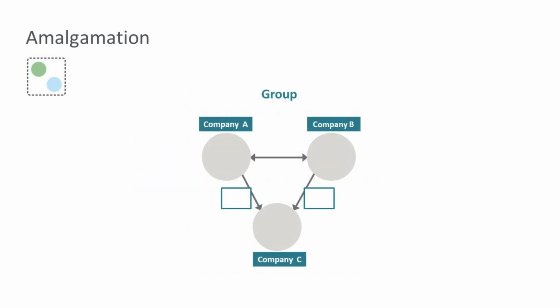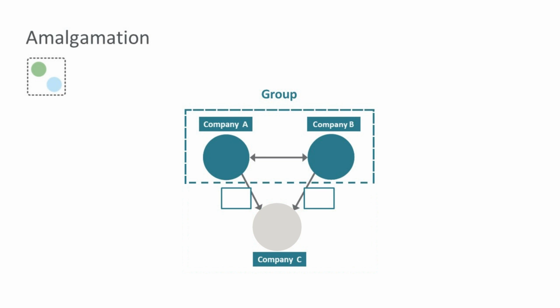The second example is where two or more members of a group together have a controlling interest in another business. All the members of the group and the person or persons who carry on the other business will amalgamate into a larger group. In the example on the screen, Company A and Company B are a payroll tax group.